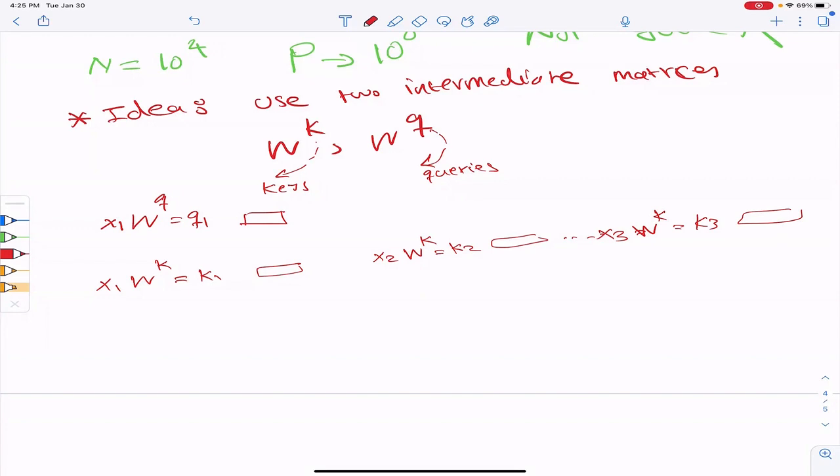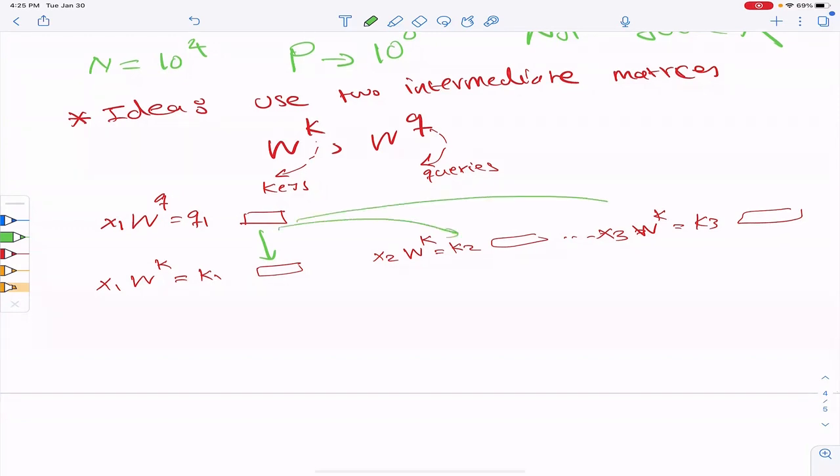Easy multiplication. And then to compute my P, I'm going to look at the similarities between the query for the first embedding, the Q1 with K1, K2, and K3. Depending on the similarities, I'll convert these similarities to probabilities. That's it.